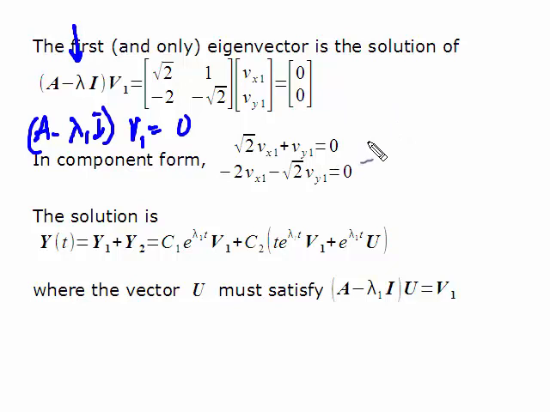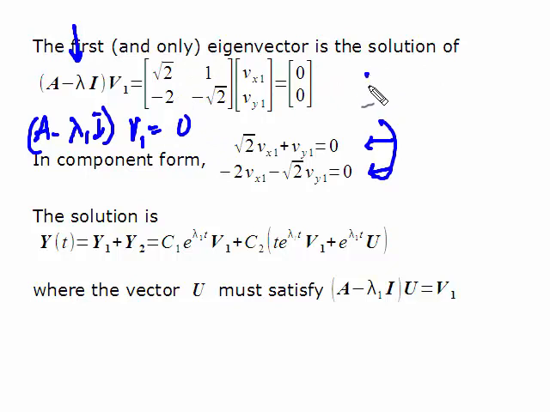I write them out in component form here. These are not a system of equations, remember, because the determinant of this matrix is 0. They're multiples of each other, these two lines.